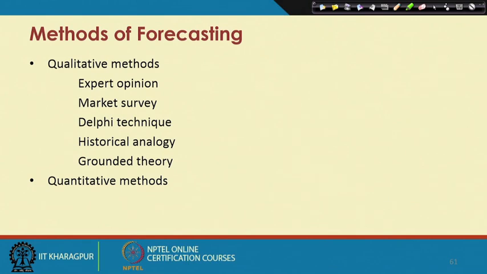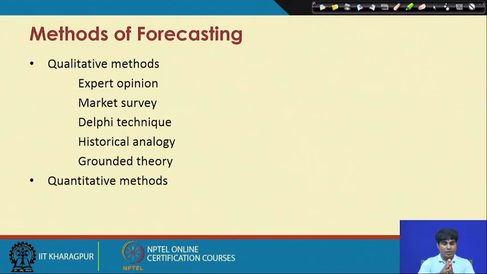So, so far as the qualitative methods are concerned, the first is called expert opinion, and then we have market survey. The third method is called the Delphi technique, the fourth method is called historical analogy, and the last but not the least is called grounded theory.